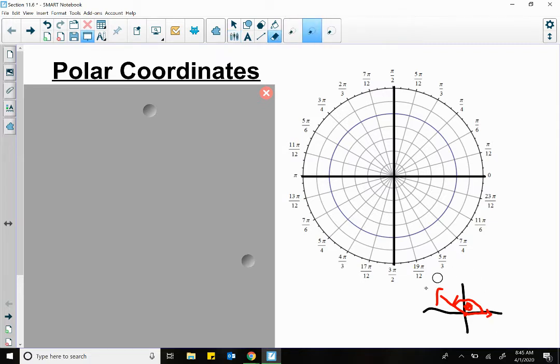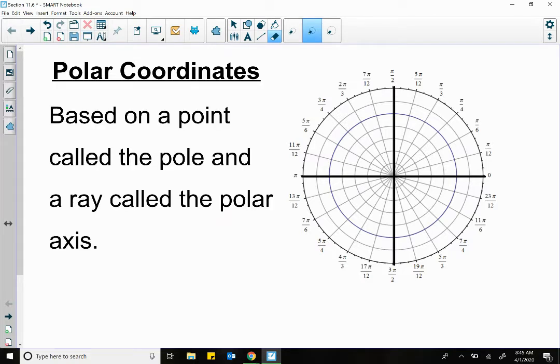A couple things that I want you to know about polar coordinates. It's all based on a point called a pole. That's like how far out the radius of this so-called circle will be. Then there's a ray called the polar axis, and the ray that moves out, that angle measure, that theta, is telling you where your polar axis is going to end. So these points look like this: r, the pole, comma, theta.